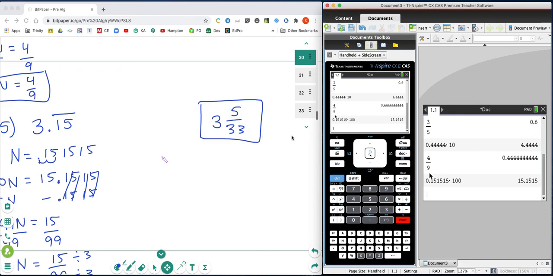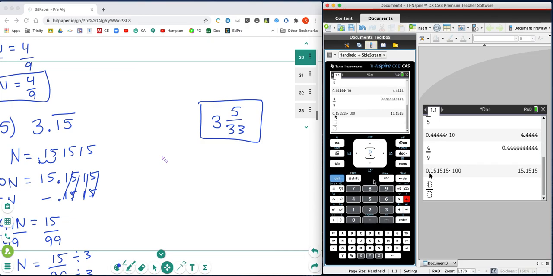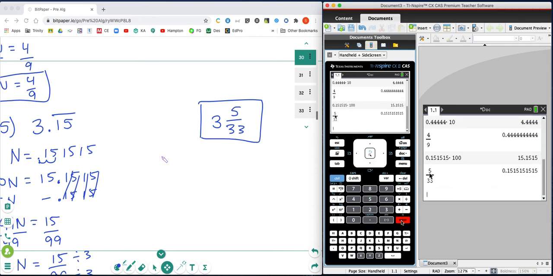Now I'm going to go check my answer. I don't need to check the whole number because the whole number doesn't change. All I need to do is Control, divide, 5, arrow down, 33, Control, enter, and sure enough, I get the repeating 1515. And now you know how to convert decimals to fractions.